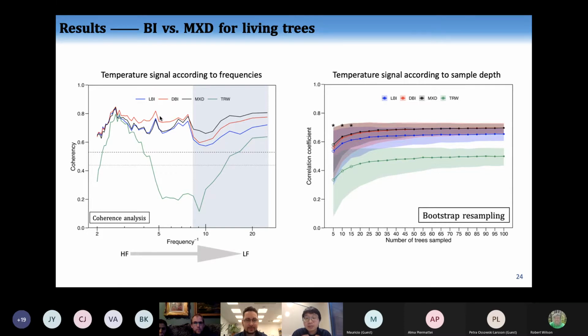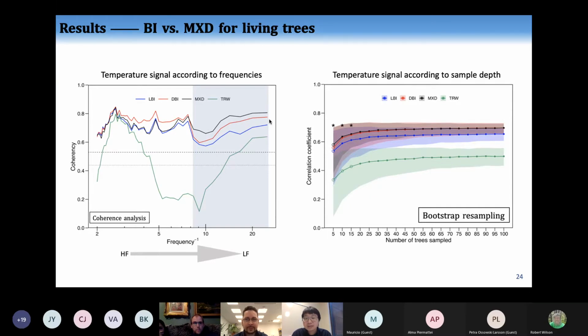That means it's a kind of medium or high frequency signal, and we can see that it's truly added to the delta blue intensity. That's what I'm thinking: the variations here can be related to the signals embedded in ring width data. So that's why it mostly enhanced the medium and high frequency signal in delta blue intensity data rather than the low frequency signal.